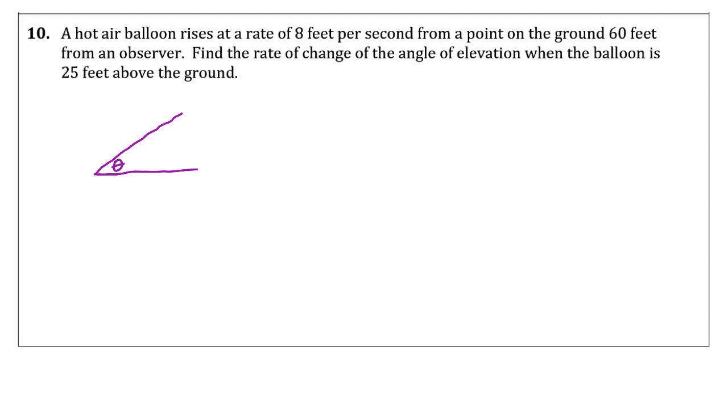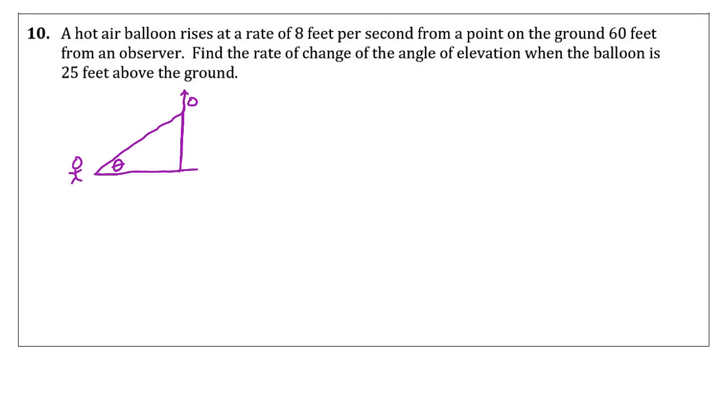If we have an observer standing here somewhere, I'll draw my little stick person, and that hot air balloon is rising from the ground, so it's shooting up this way. That's the best I got for a hot air balloon. That looks pitiful, but oh well.